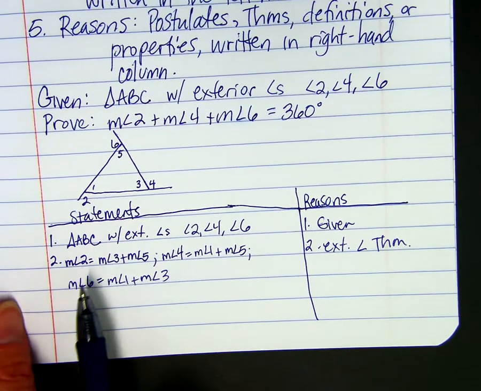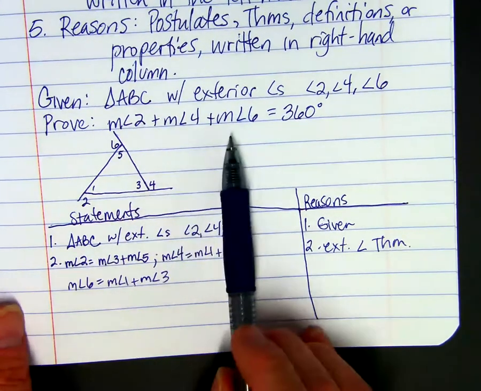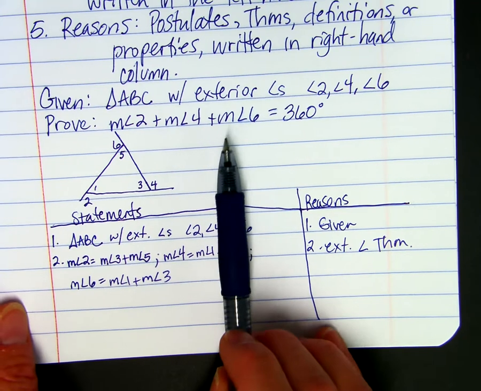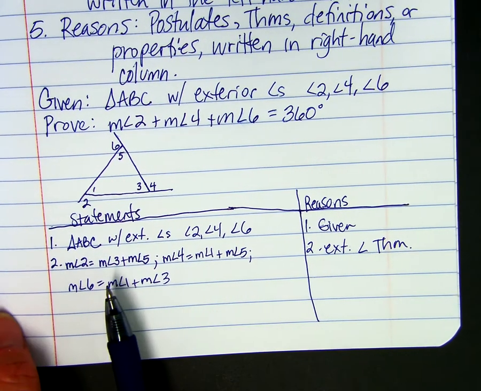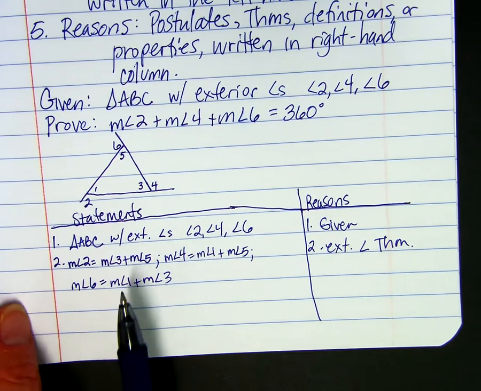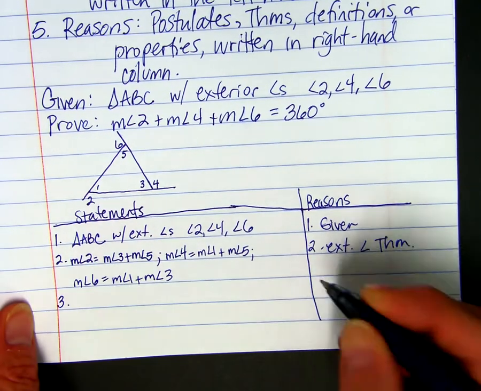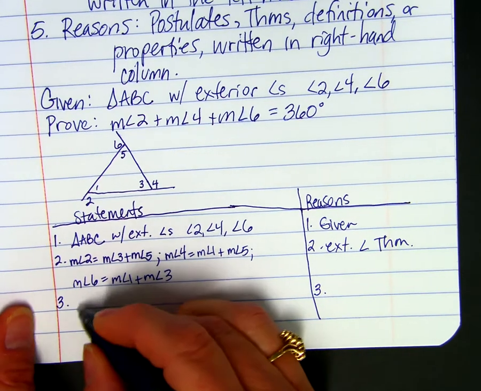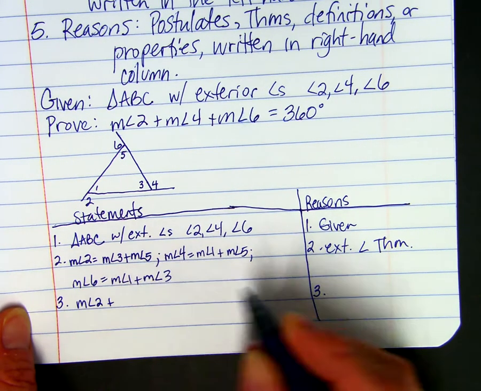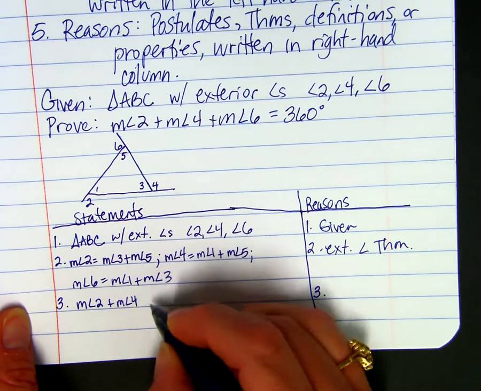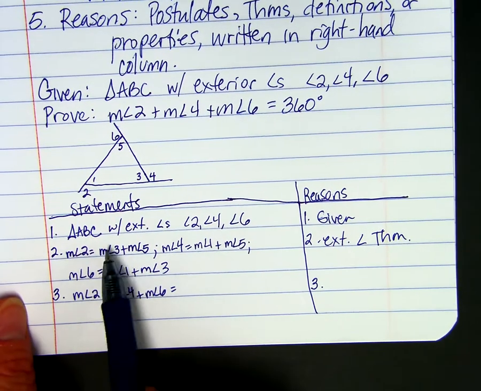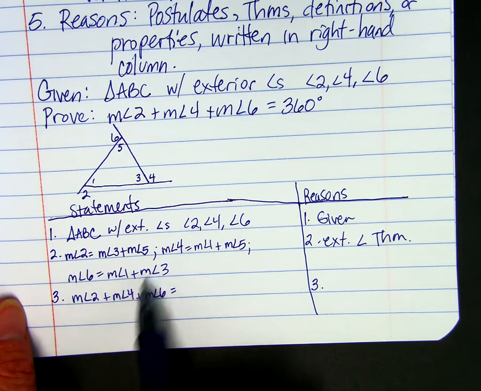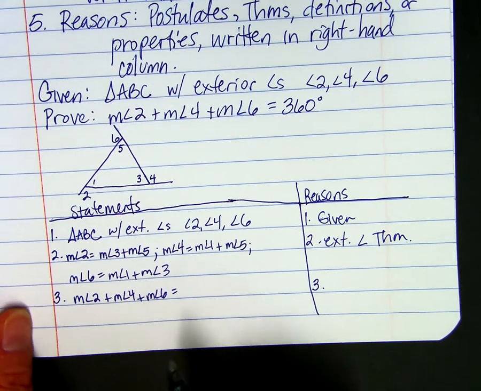Now what we're trying to prove is these three added together. So we can just add them together. Let me show you. We have measure angle 2 plus measure angle 4 plus measure angle 6 equals, and then we can list out these three sums.